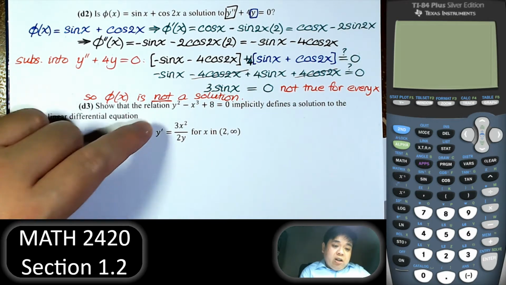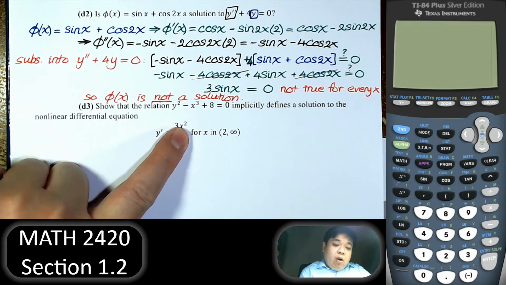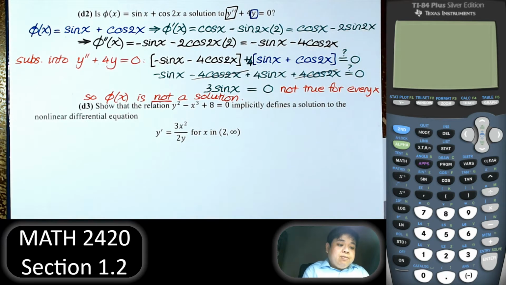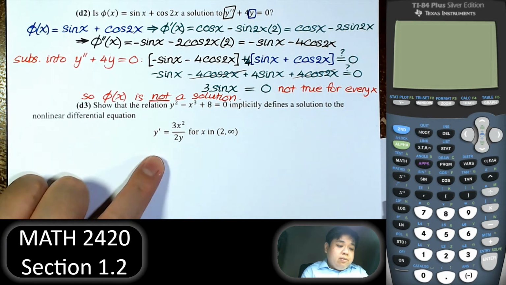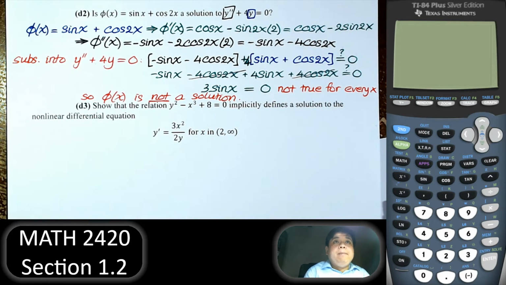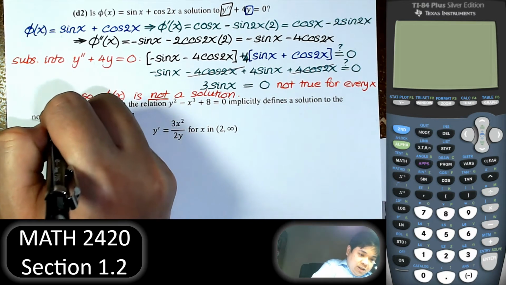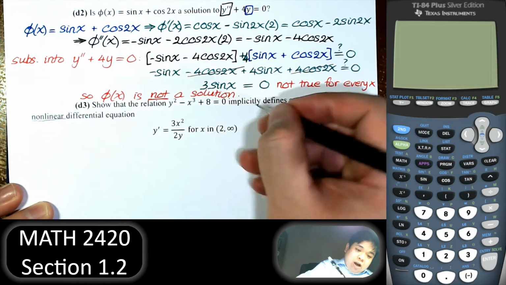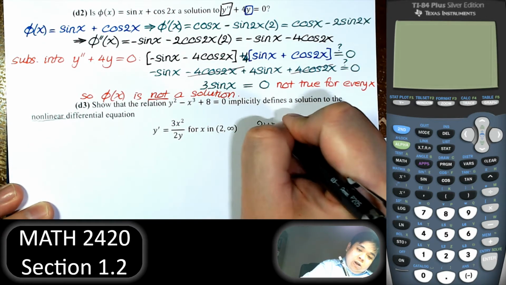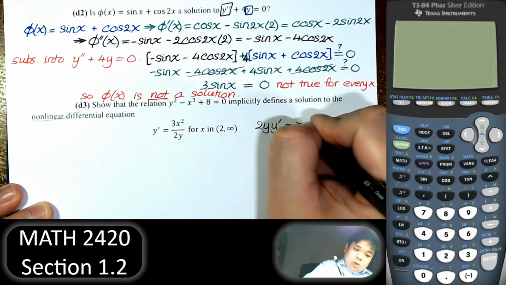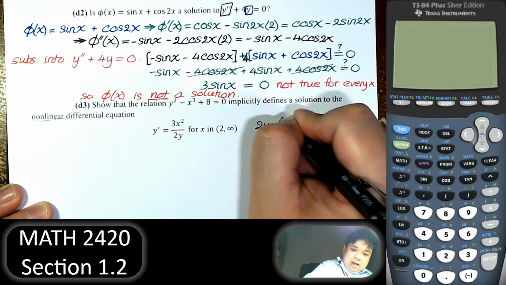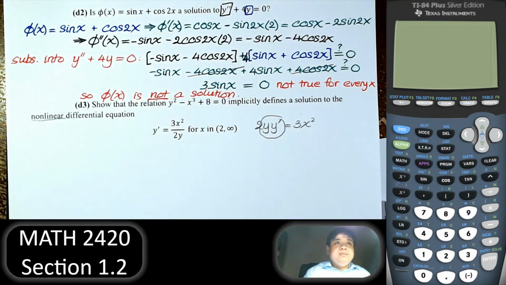Show that the relation in implicit form defines the solution of a differential equation. The reason this is nonlinear is that even if you multiply, you have 2y y prime equal to 3x squared, and this cannot be linear.